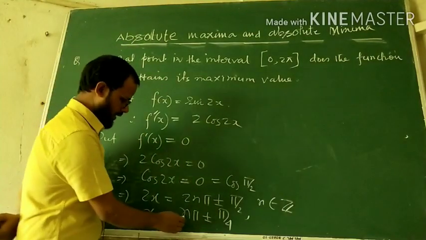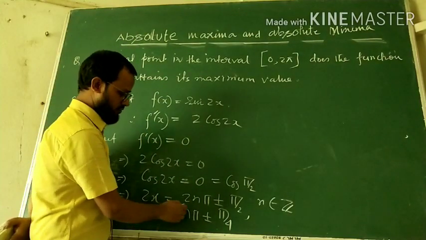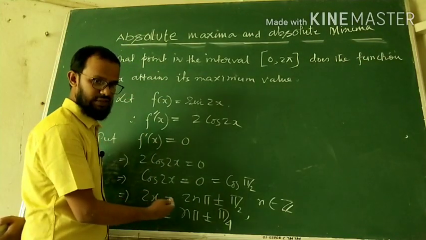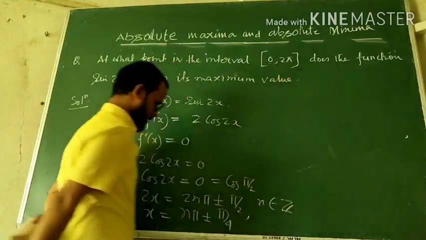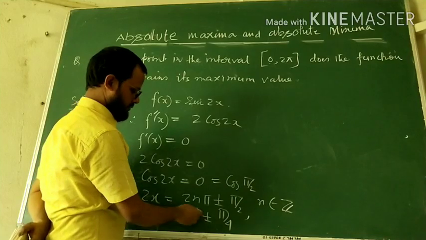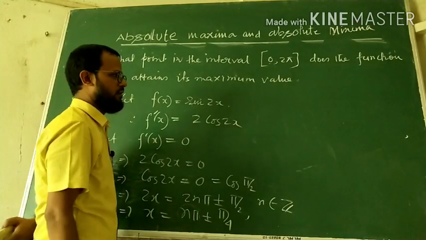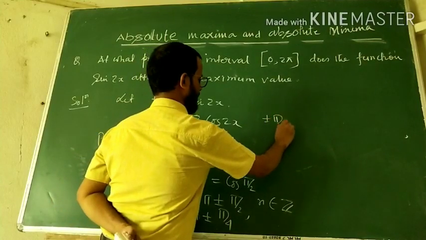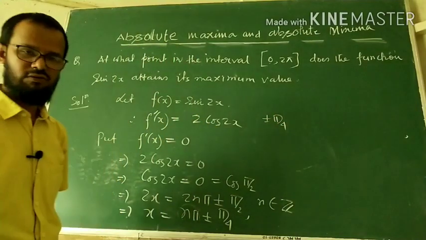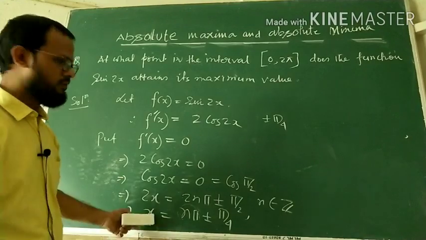Now suppose n equal to 0 here. If you put n equal to 0, you cannot put minus. There is no benefit in putting a negative value, because our starting point is 0. So putting n equal to 0 here, you are getting pi by 4 with plus minus: minus pi by 4 is coming, plus pi by 4 is coming. So you will take pi by 4.